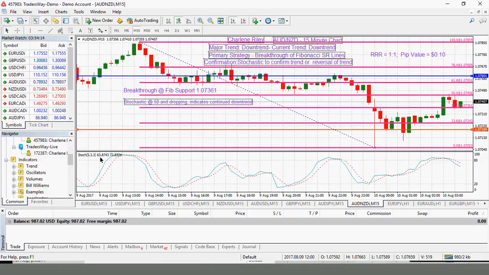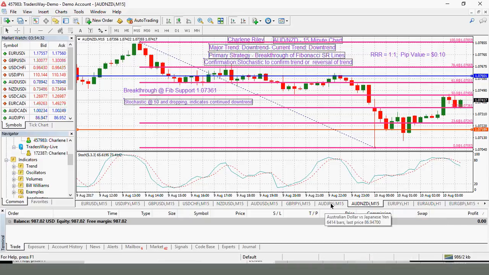The stochastic seems like it's continuing to go down. It's definitely below the 80, but it's still not confirmation yet. And the candlestick is telling me something different anyway.